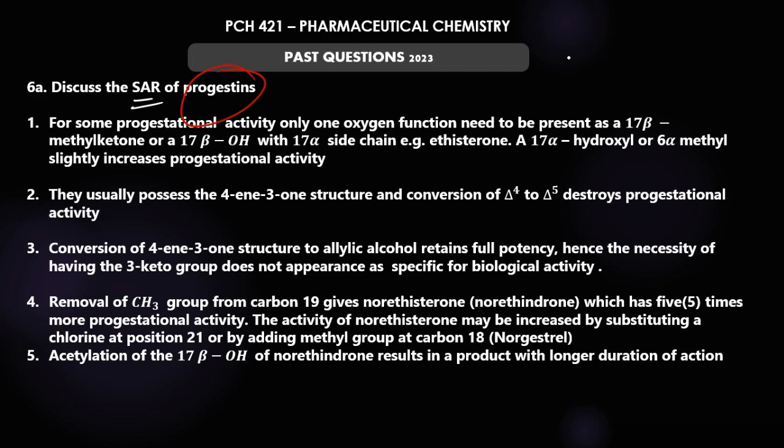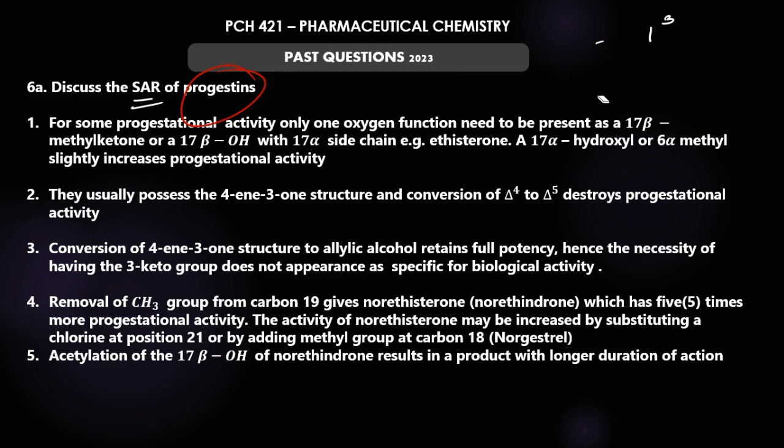So let's draw the structure of progestogen. Progestins. The activity is called progestational activity. That is what is just in my mind. So you have this as the benzene ring. This is the normal structure. Of course, you know you have CH3 here, right? Then here, what do you have here? CH3.